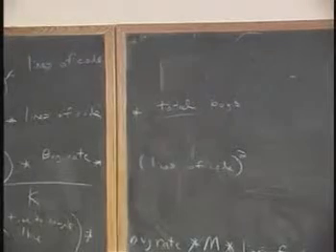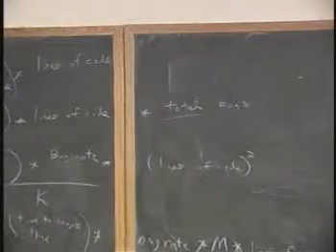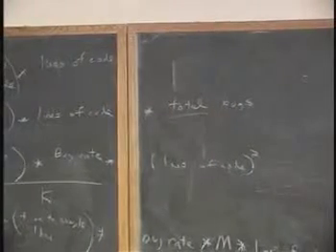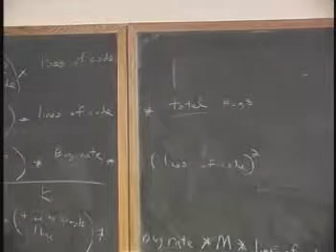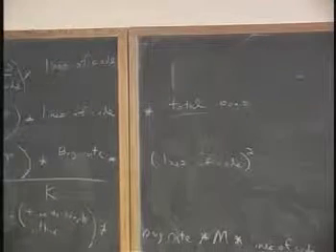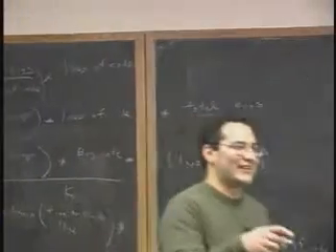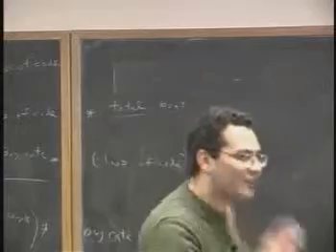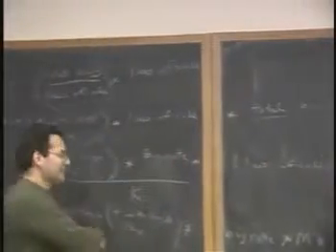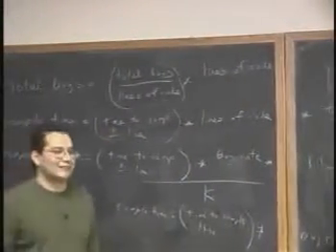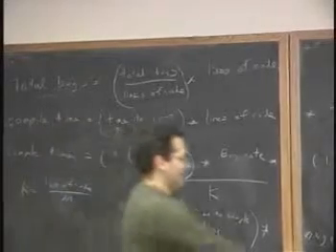Okay, what's the order of growth of that? Somebody, what's your name? I'm trying to get everybody's name. John? John, what do you think the order of growth of this is? This one?